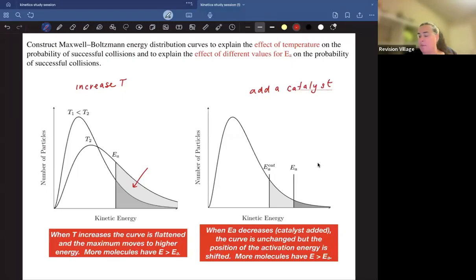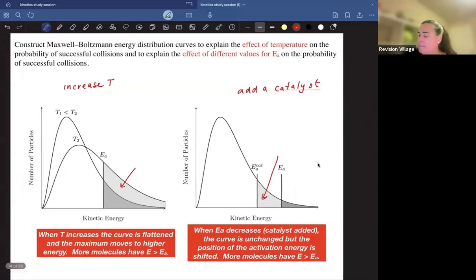We're not changing the temperature of the molecules. What we are doing is lowering the standard for a successful collision. And so again, in the light gray, you see all of the new reactants that have enough energy now, and suddenly all of the collisions that will be more successful. All right, that's Maxwell-Boltzmann.